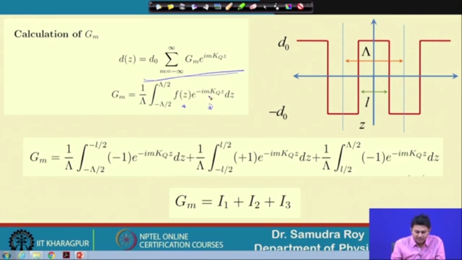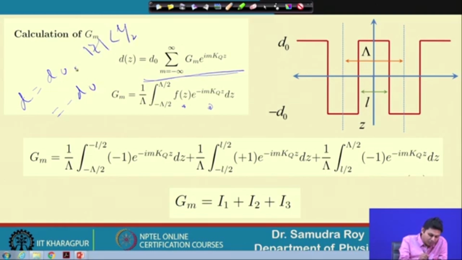So, now the function is given. f(z) is given to us, which is already shown in the previous slide: d is equal to d0 and equal to minus d0, with mod of z less than L by 2 in one region.